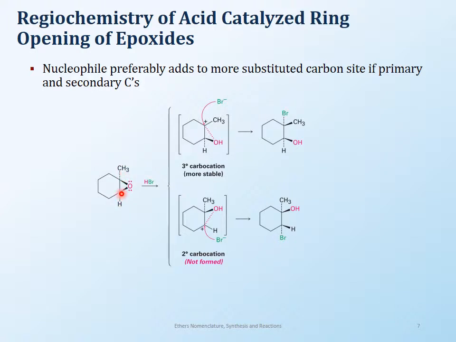In that case, the nucleophile will prefer to add to the more substituted carbon, and this is the more substituted carbon, so that's where the bromide will attack. Now this is specifically true for the acid catalyzed ring opening, and so this product where the bromide is attacking the secondary carbon is not going to form. You will form only one product, so you add the nucleophile to the more substituted carbon. That's how it works.